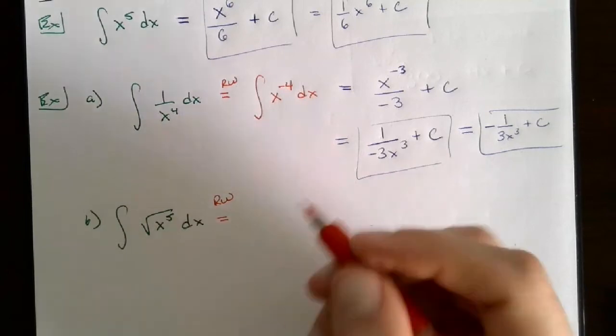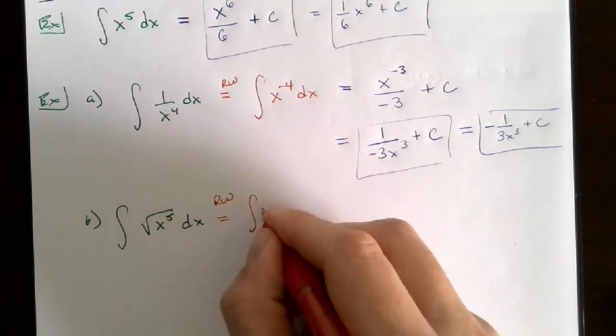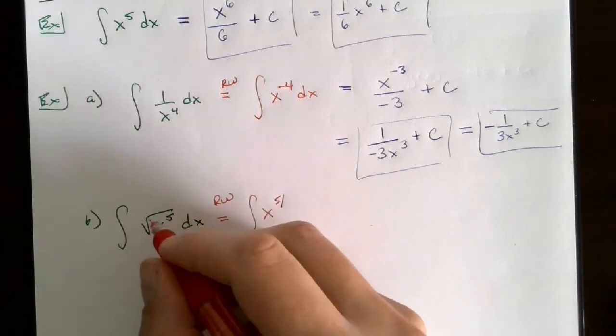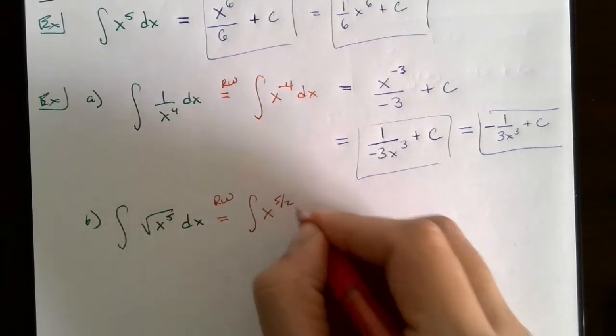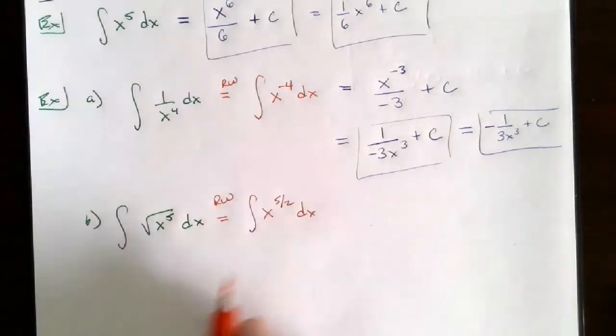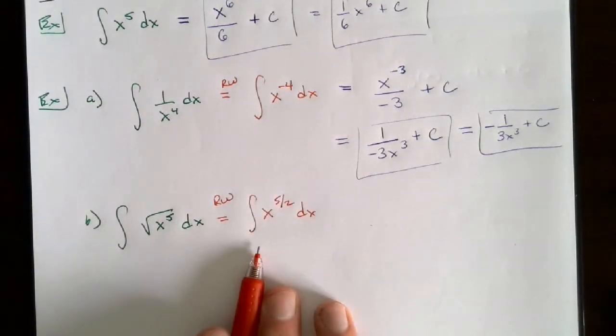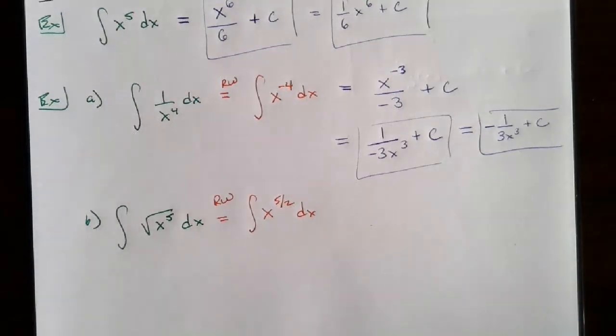So as a rational exponent, this will be the integral of x to, what's the power on this? Well, it's 5 over whatever the index of the root is. In this case, the index is 2, so it's x to the 5 halves dx. Remember, this is a rewrite step, so I still need the integration notation here. I'm not actually doing the operation yet.